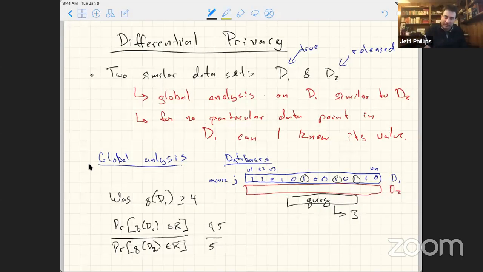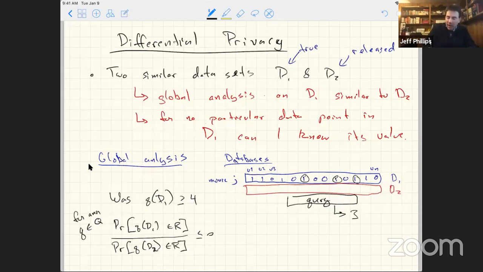That's okay. But typically I want to say that for any query, I want this ratio to be about the same. If it is going to be big on one, I want it to be about as big on the other. And typically the bound I get is for any query in some family of queries I'm allowed to ask. I may restrict this.